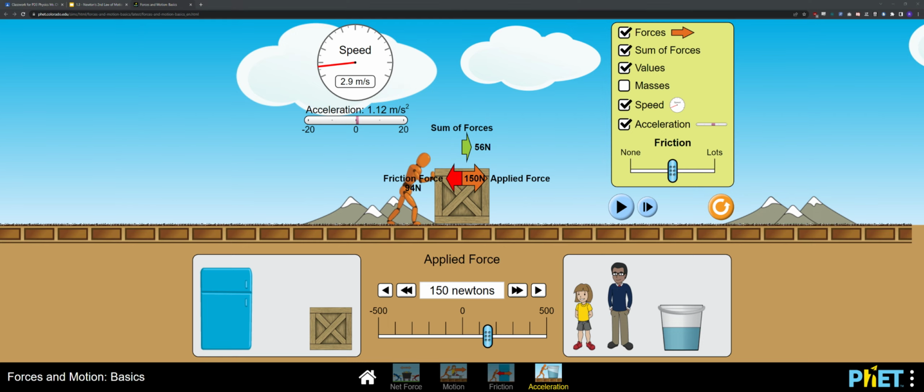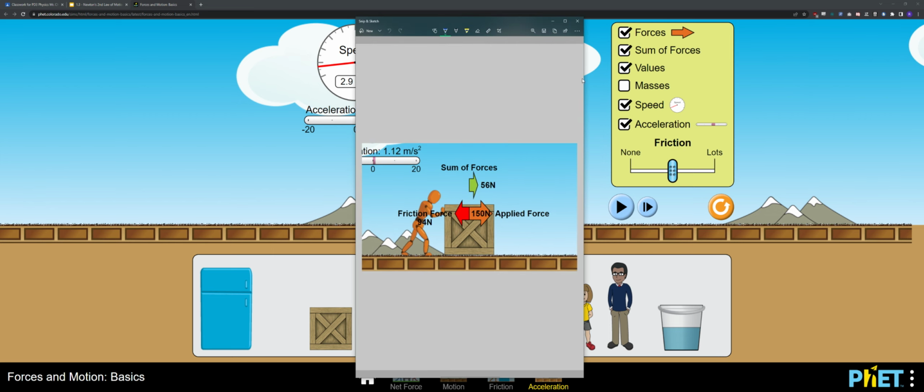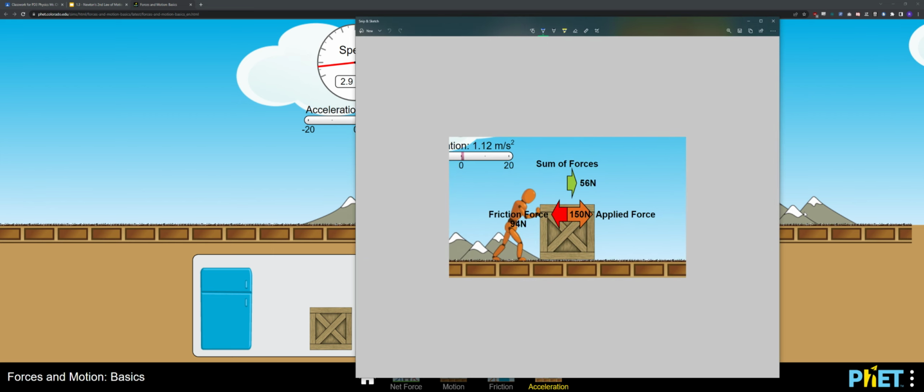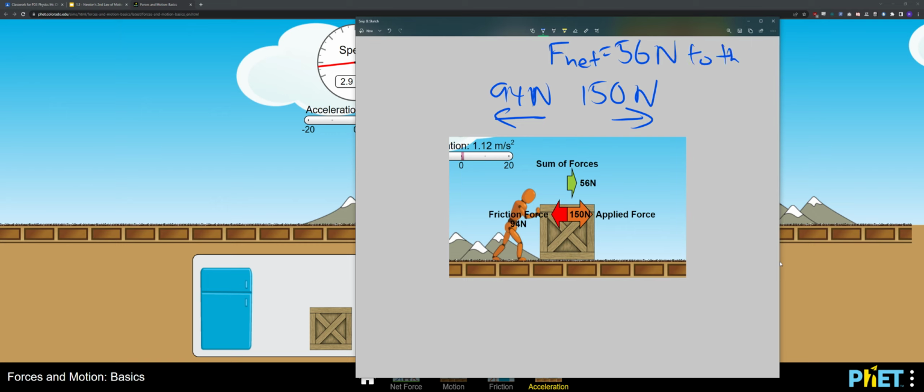We have an applied force of 150 newtons to the right, and my frictional force is 94 newtons to the left, which means that my net force here is 56 newtons to the right.